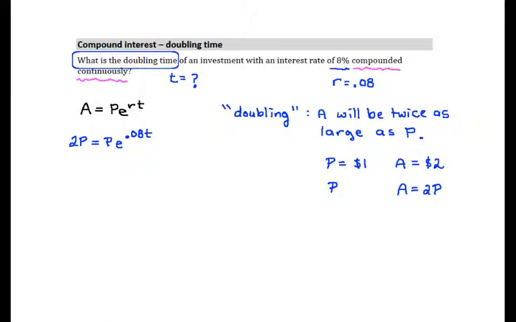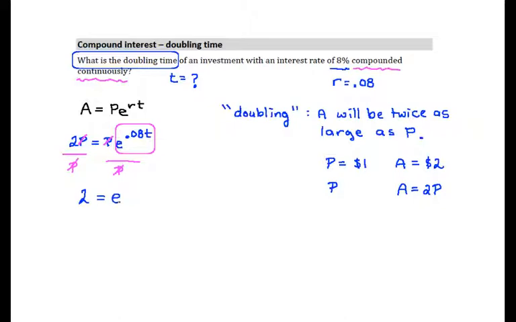In our first step now, when we try to isolate this exponential expression, we would do that by dividing both sides by P. And we can now see why it is that it doesn't matter what P is. It cancels out from the right, but it also cancels out from the left, leaving us just 2.